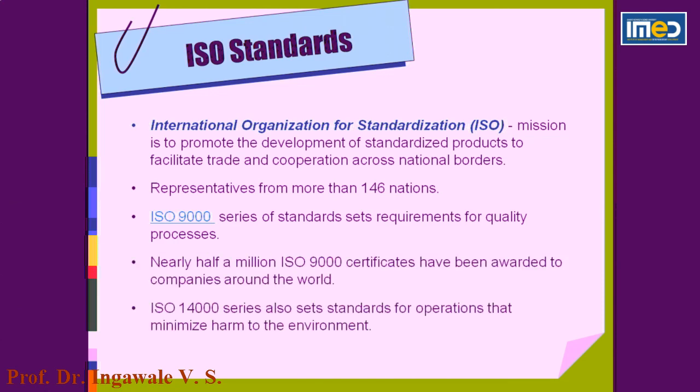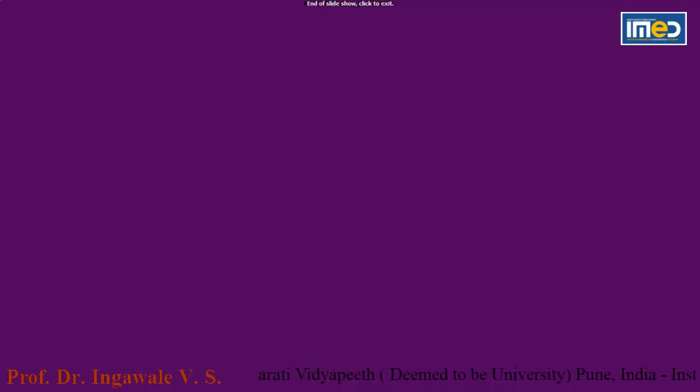Nearly 500,000 ISO 9000 certificates have been awarded to companies around the world. Then next, ISO 14000. ISO 14000 is given to companies for environmental purposes. The ISO 14000 series also sets standards for operations that minimize harm to the environment.